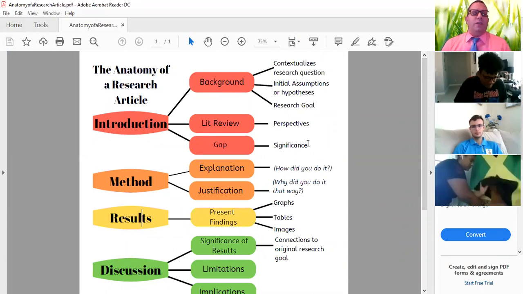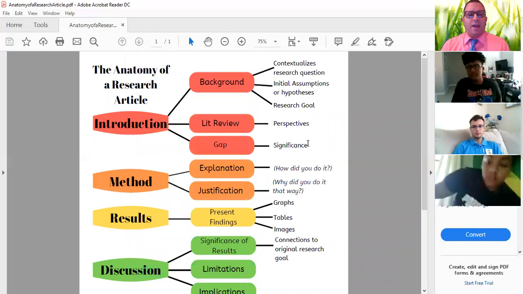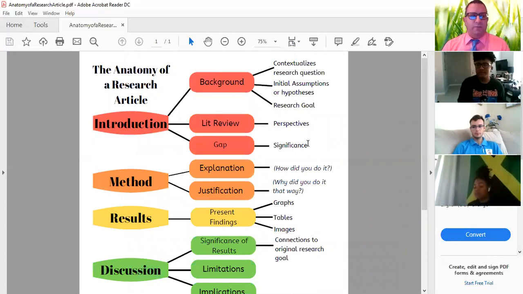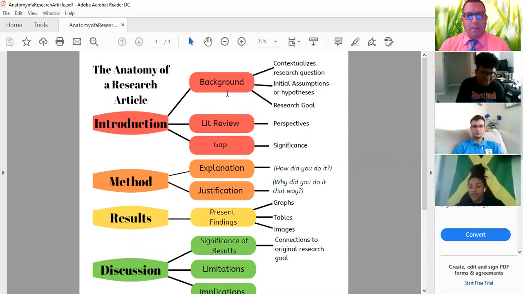Now, when you're looking at a research article like this, you may not read the entire article in full, but it's usually very helpful to read the introduction because that's going to give you an idea of whether or not this is going to contain information that may possibly be useful to you later on. So you're especially going to want to look at the background.